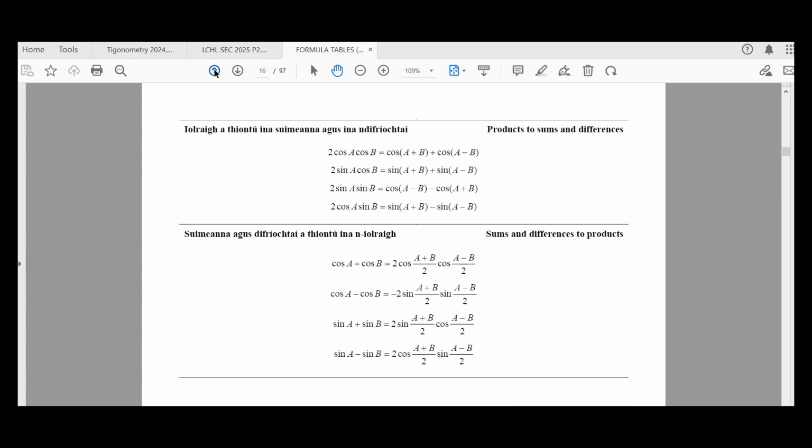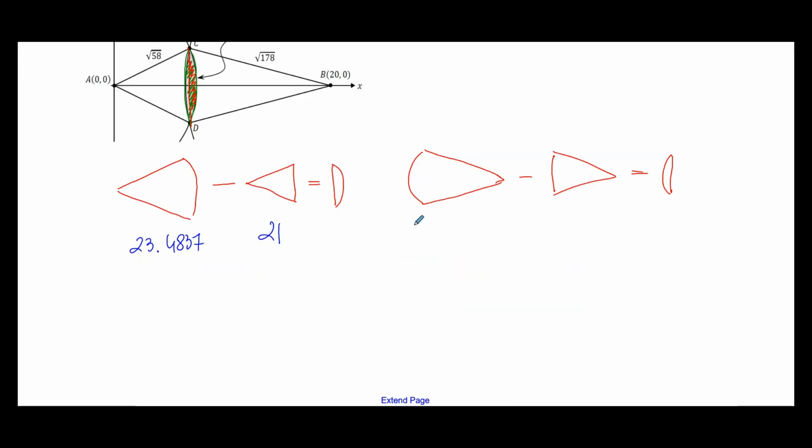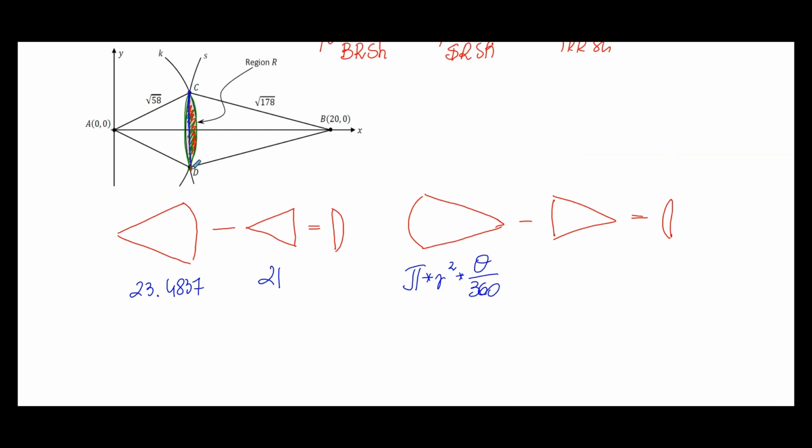Well, we go to the table, we look for the formulas. So for the sector, here we have the area when the angle is in radians, and in degrees we have that's the area. So that will be pi multiplied by radius to the power of 2 multiplied by theta over 360. And then we are looking at the area of this triangle CDB, and we've done that in the first part, and we know that is 13.9.